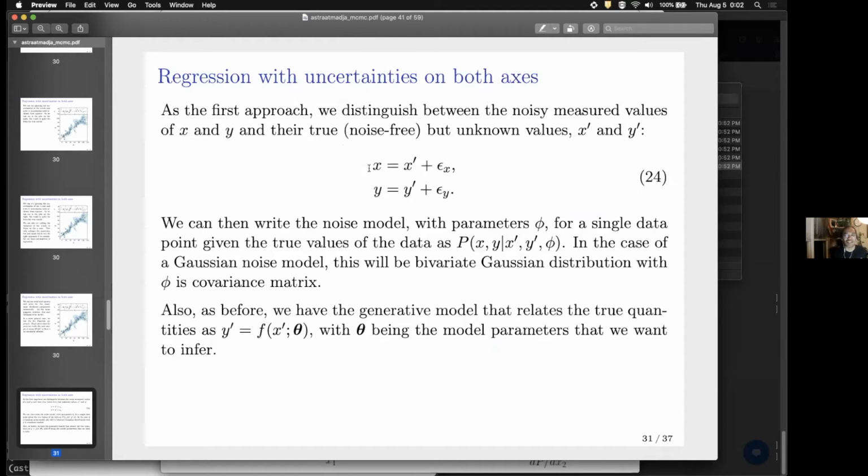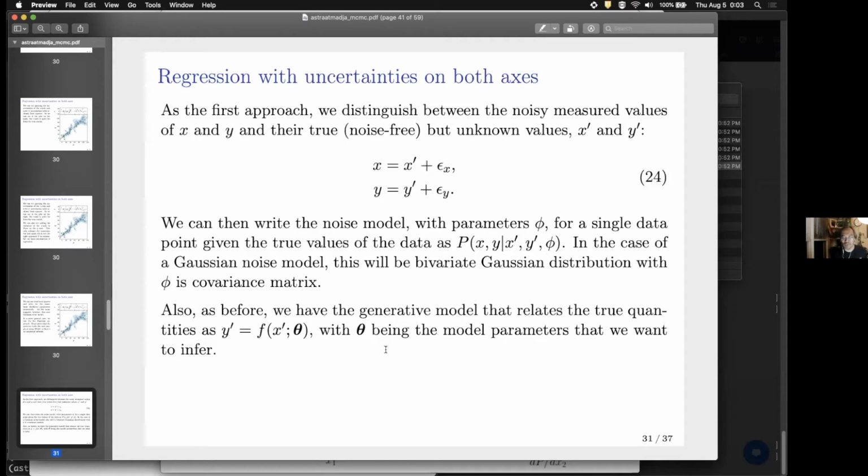We can assume that what we observe is equal to the true values, which we don't know, plus noise. We can write the likelihood to observe x and y, given the true values of x and y, plus the noise model with the parameter of the noise model. If it's a bivariate Gaussian, for example, then phi is a covariance matrix.